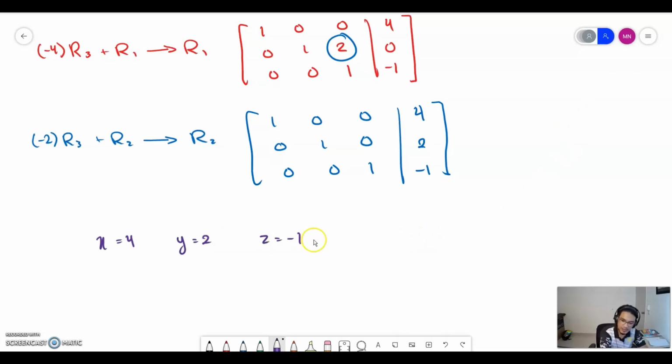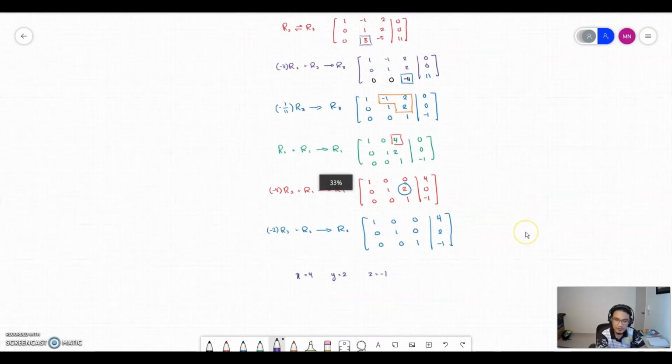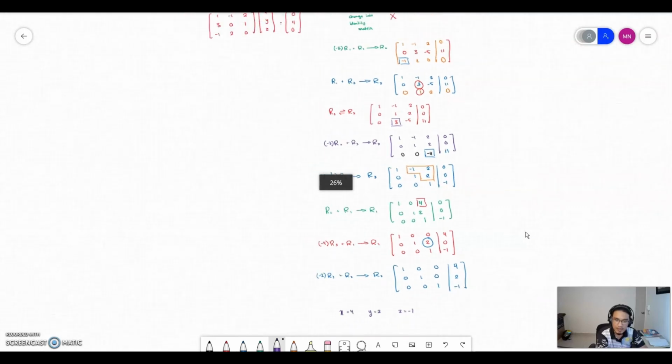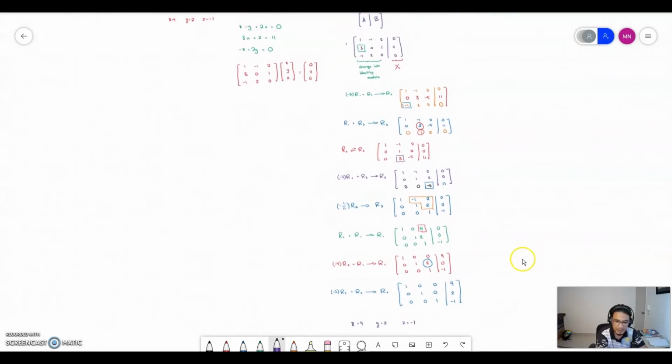So the answers are the same as the previous example that we have done by using inverse matrix, but now is a different method to solve the same equation, which is the Gauss-Jordan elimination method.